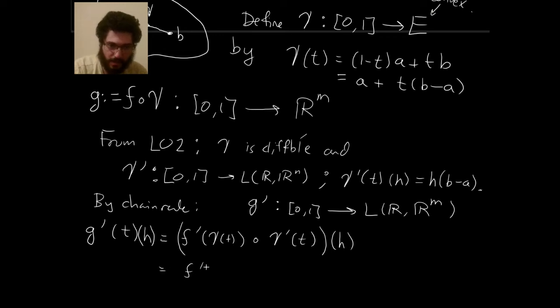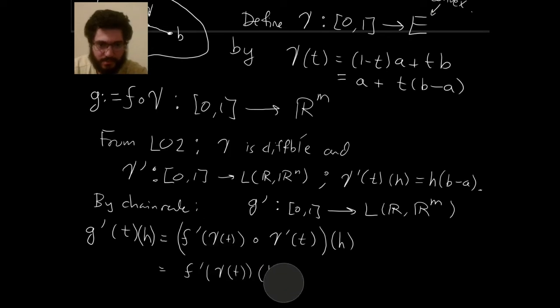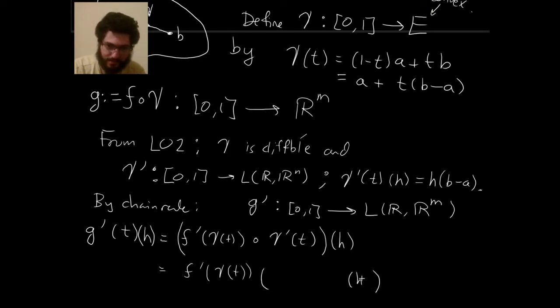And so I'm looking at F prime of gamma of t times gamma prime of t, or sorry, this is nonsense. I'm looking at this linear map applied to another linear map applied to h. Like that.